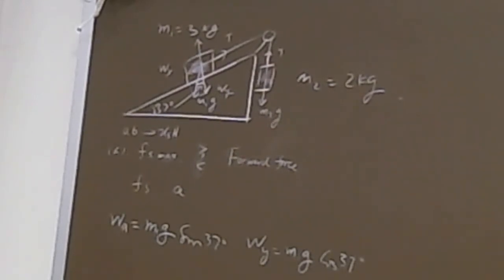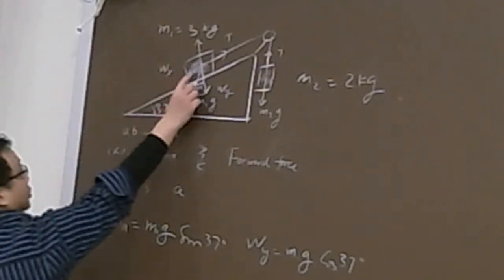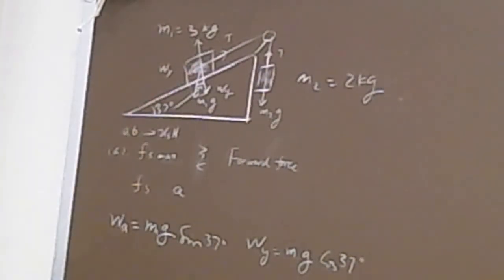Now, if we do the force analysis for this object, initially it's at rest, so we do the analysis at that moment, so acceleration equals 0. Let's check the force balance.